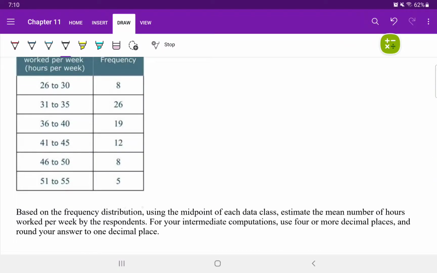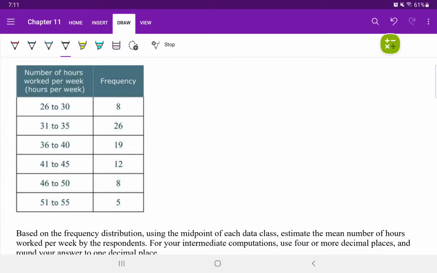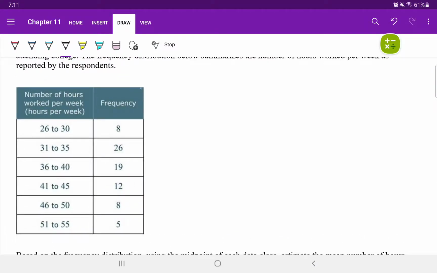Based on the frequency distribution, using the midpoint for each data class, estimate the mean number of hours worked per week by respondents. For your intermediate computations, use 4 more decimal places and round your final answer to 1 decimal place. Now, it says here we must find the midpoint for each class. And I'm going to create a column for that.